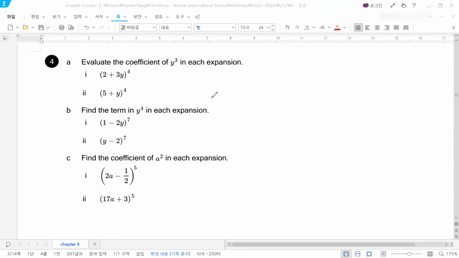Question number 4A1, y cubed, students. So what is n and r from this question? n is 4, r is 3. Please look at the screen. If I were you, do not forget the bracket: 3y cubed.